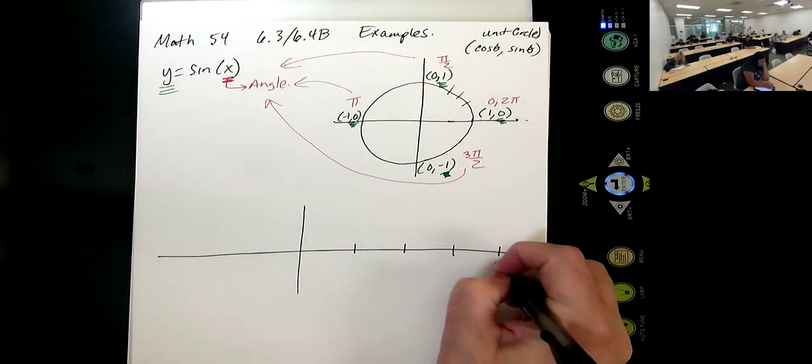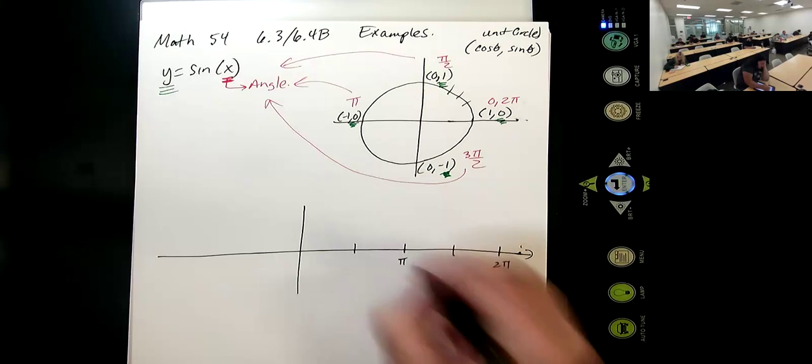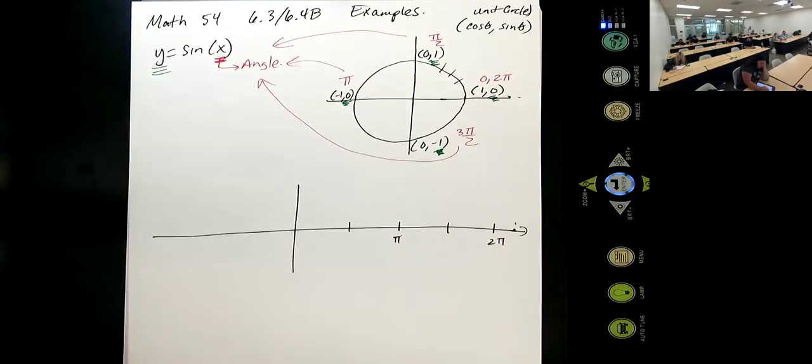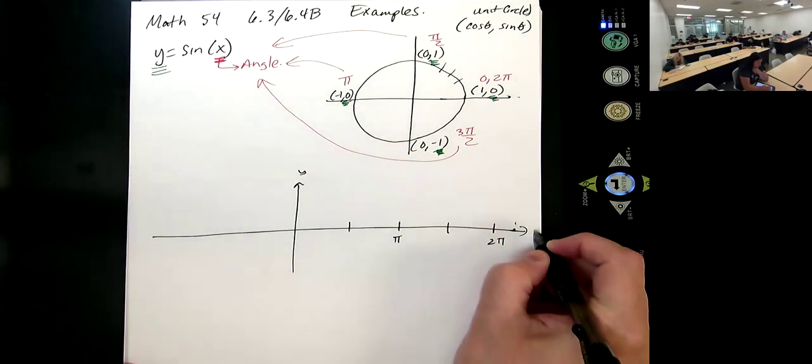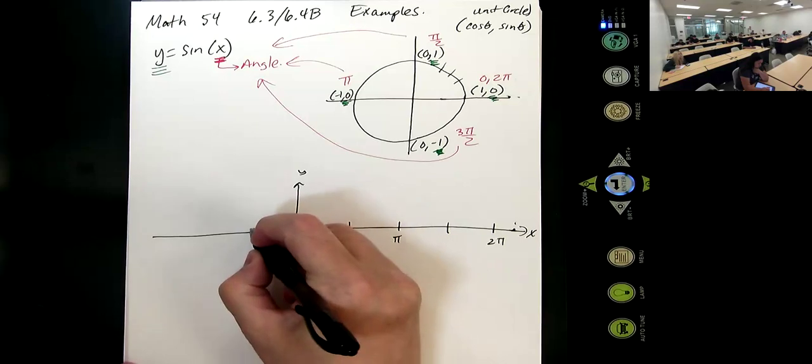We're gonna go out to 2 pi, and I'm not going to write in pi over 2 and 3 pi over 2, but we'll know that they're there. This is my y-axis, this is my x-axis. Maybe we'll go backwards.